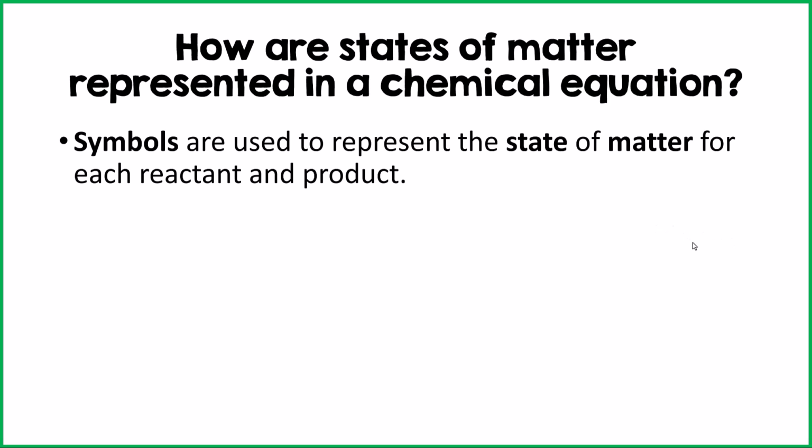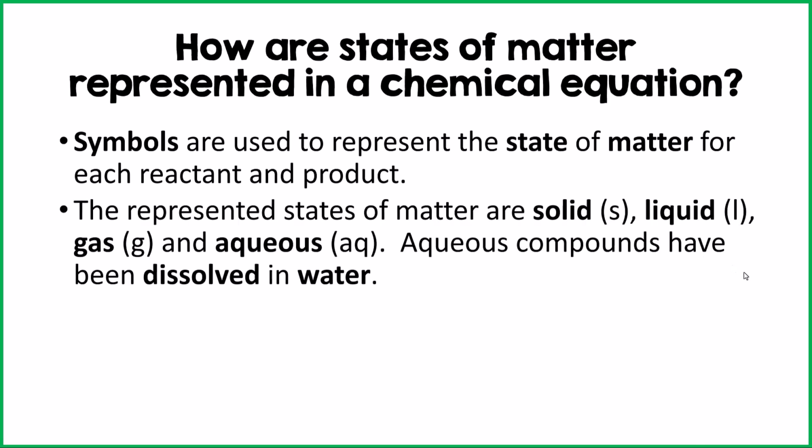And so we don't need to put that in all of the equations, but you should know how it's written. The represented states of matter are solid, which we designate with an S, liquid, which we designate with an L, gas, which we designate with a G, and aqueous, which we designate with an AQ.